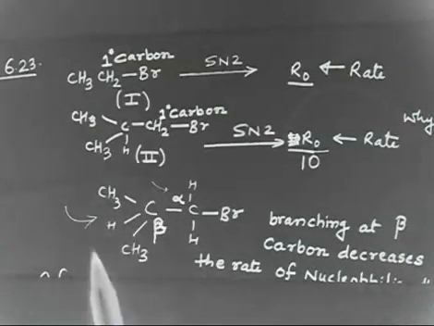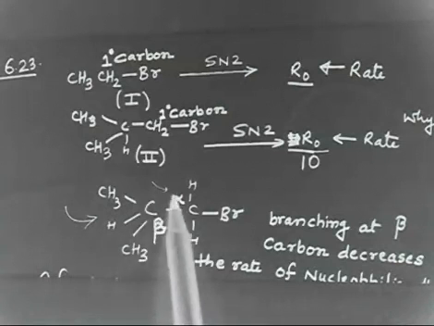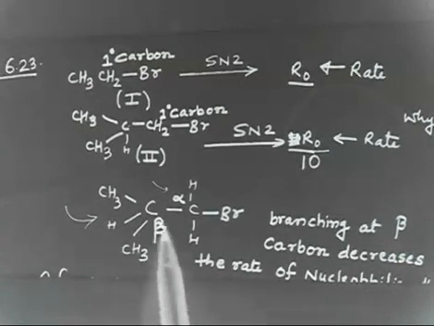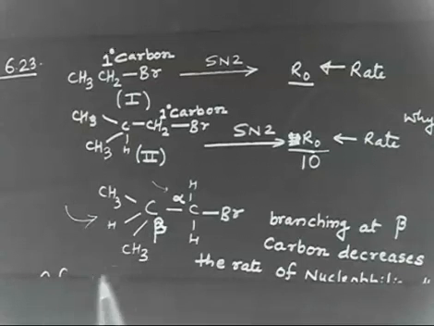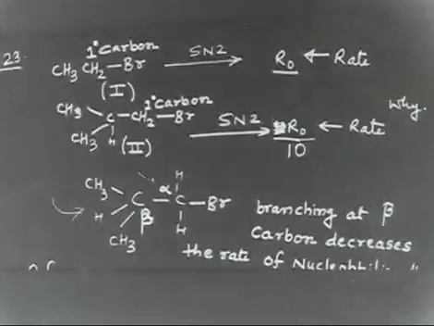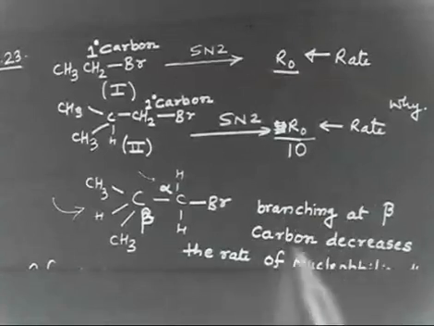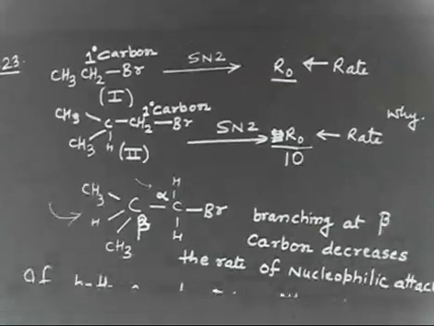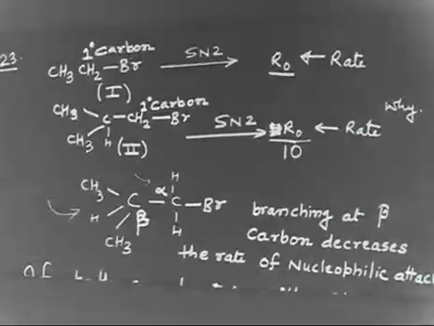This crowd will retard the attack of the nucleophile from this side. So branching at the beta carbon can decrease the rate of SN2 reaction. Branching at the beta carbon decreases the rate of nucleophilic attack, and this is generally true.